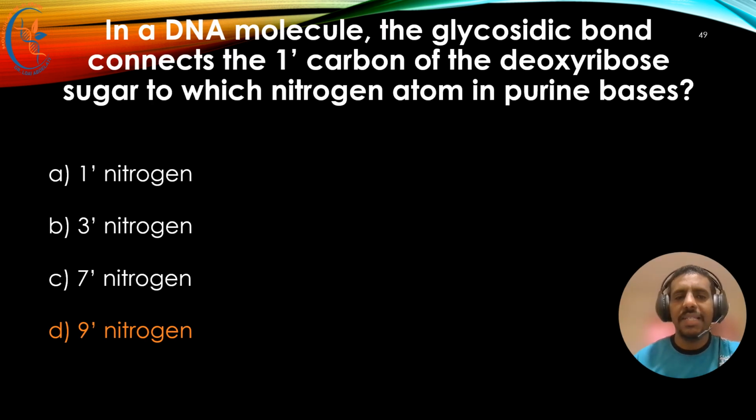The correct answer is 9 nitrogen. Actually, in purine bases, the glycosidic bond connects the 1' carbon of the deoxyribose sugar to the 9 nitrogen of the base. All right, let's move on.